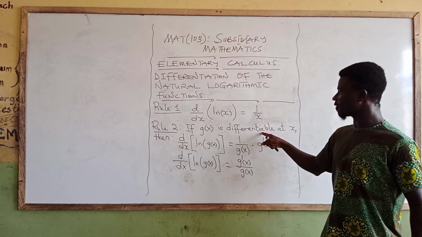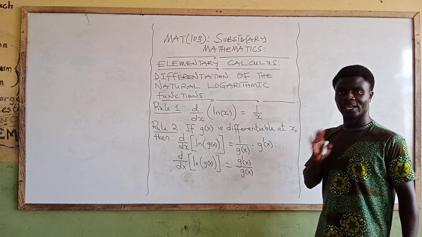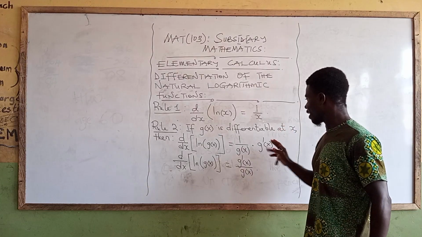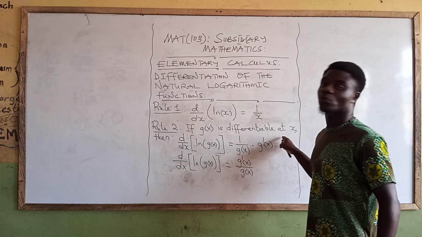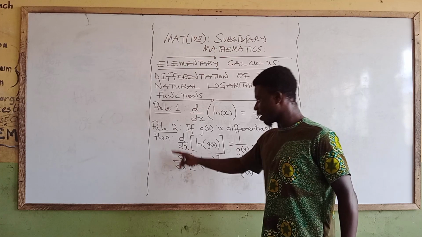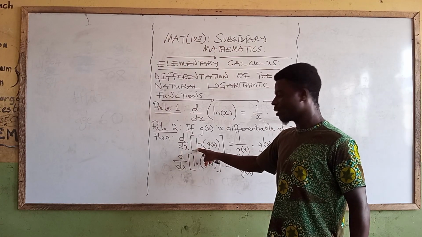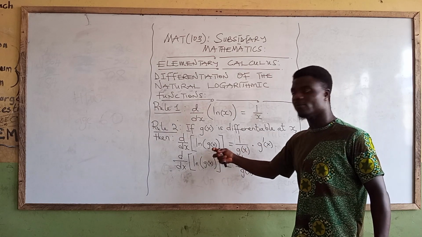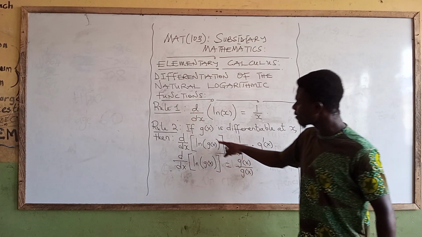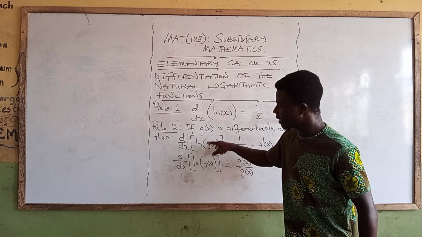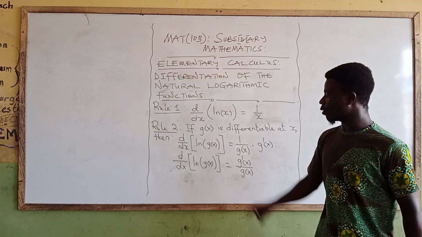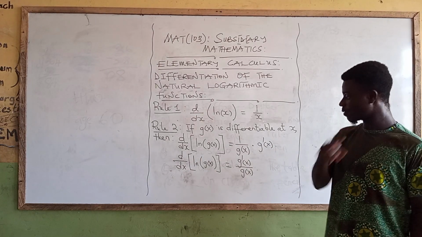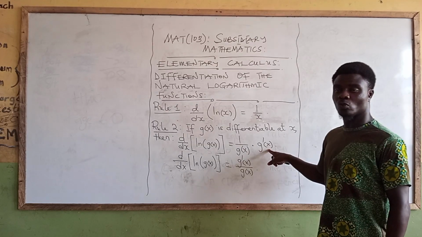If g of x is differentiable, which means that it is possible to differentiate g of x with respect to x, then d/dx of ln g of x is equal to 1 over g of x times the derivative of the function g of x inside the brackets, so we get g prime of x.